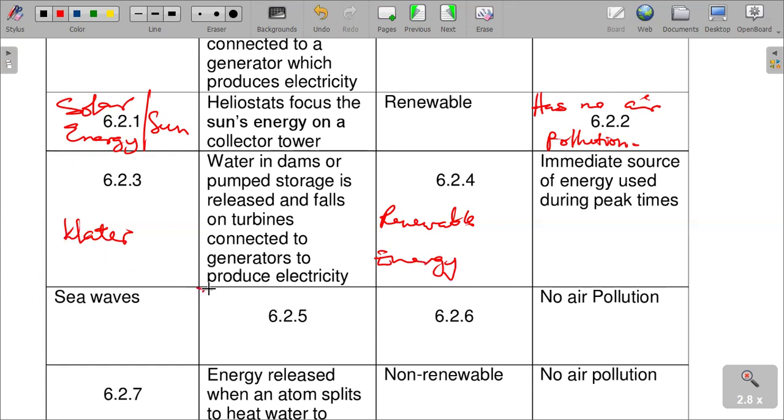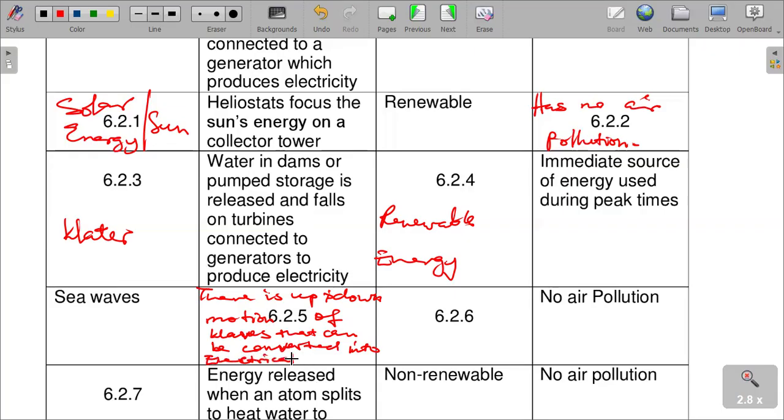Number 6.2.5, sea waves, there is up and down motion of waves that can be converted into electrical energy.